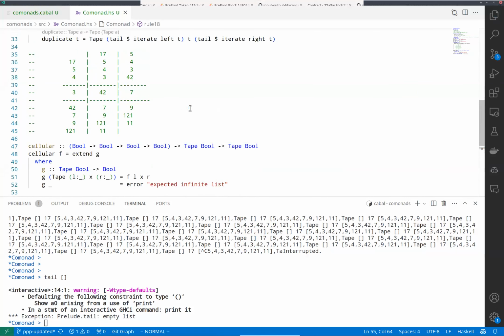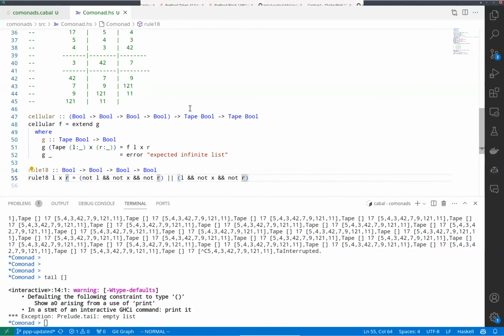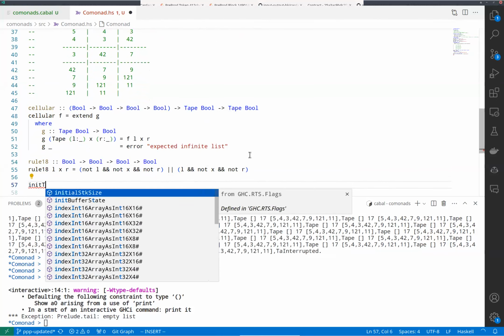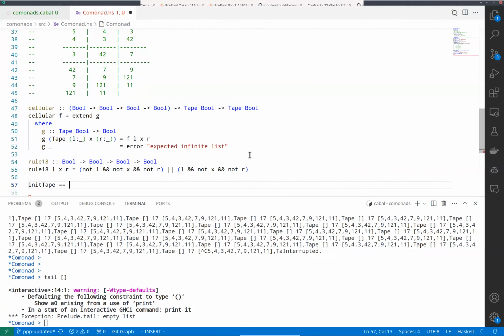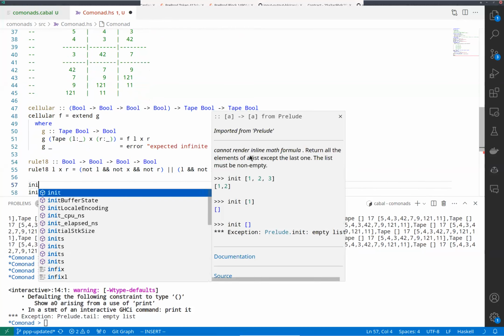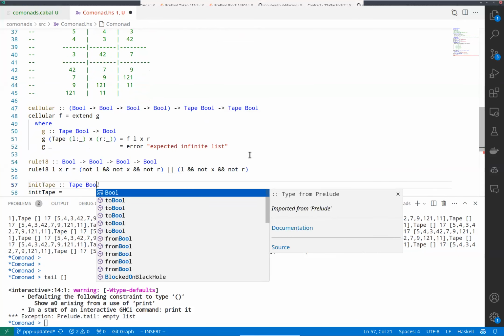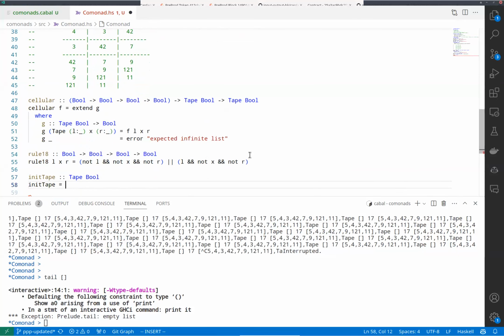Now we could in principle do that, but let's define the init tape as the one where we only have false, true in the middle, and only false on the right.